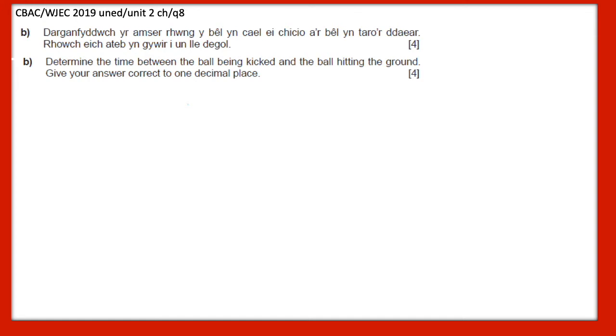Now I need to find the time between the ball being kicked and the ball hitting the ground. And I've got to give my answer correct to 1 decimal place. And if it says 1 decimal place, it wants 1 decimal place. If you're too accurate, then it will be a bit of a problem. Again, I need my diagram.